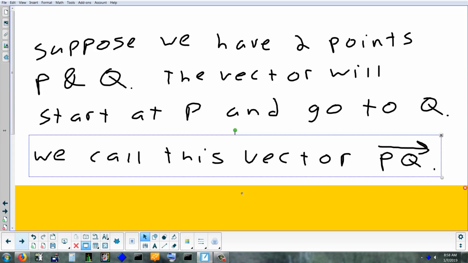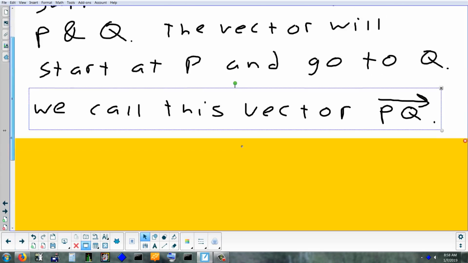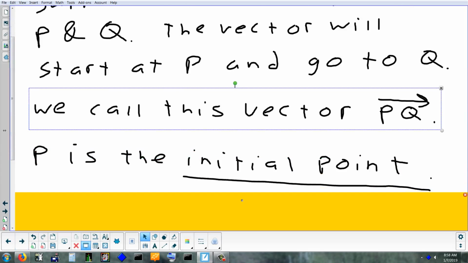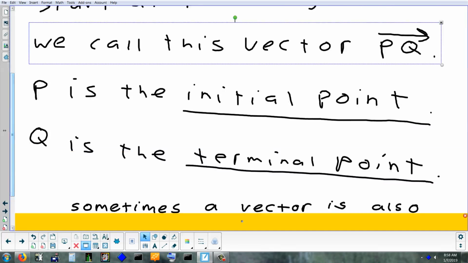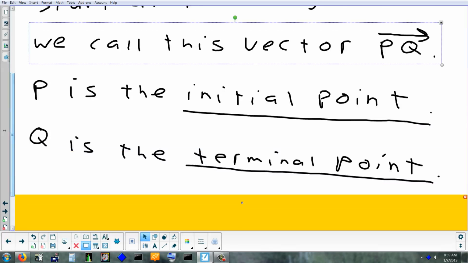So from P towards Q. Since P is where you're starting, we call that the initial point. Q is where you're ending. We call that the terminal point. Now, that notation is fine. That's what they use in geometry a lot.